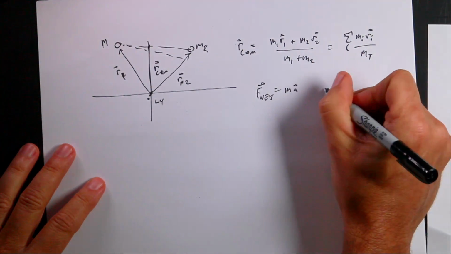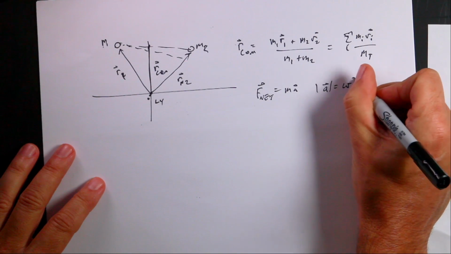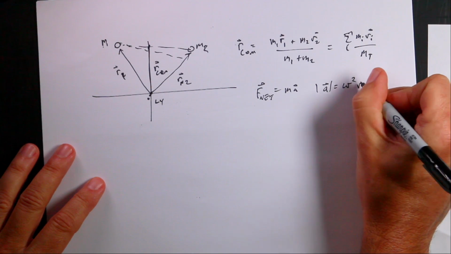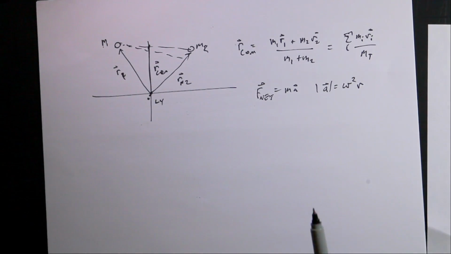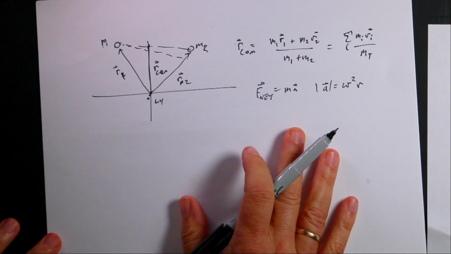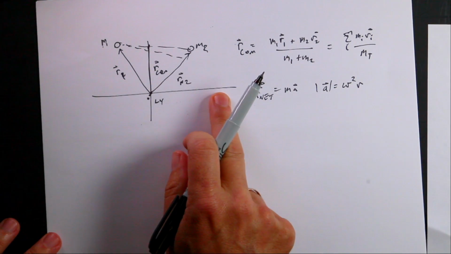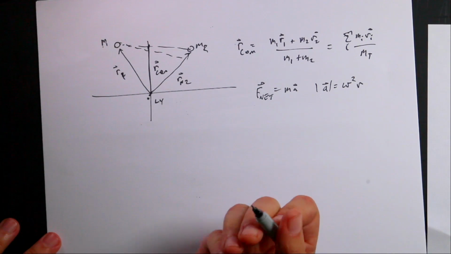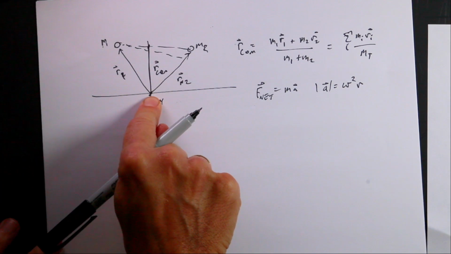And if it's moving in a circle, the magnitude of the acceleration is going to be equal to omega squared times r, where r is the radius of the orbit, which I don't actually know at this point, but we're going to calculate that explicitly. So this is my definition of center of mass. What I need to do is find the gravitational field. I don't want to deal with the gravitational force because I don't want to put a mass there. I'm just going to put the gravitational field.